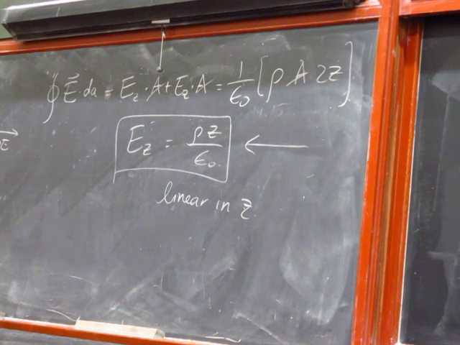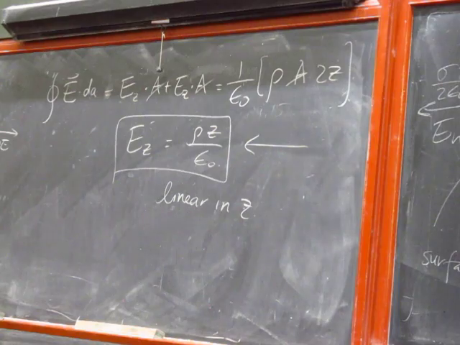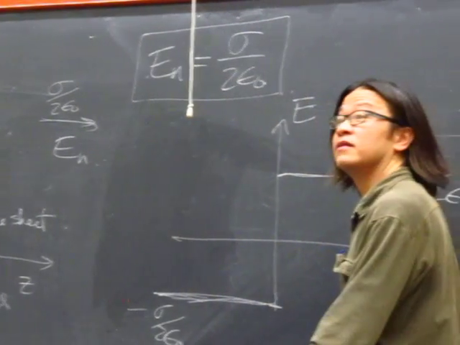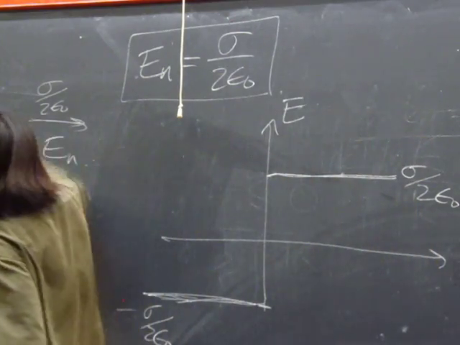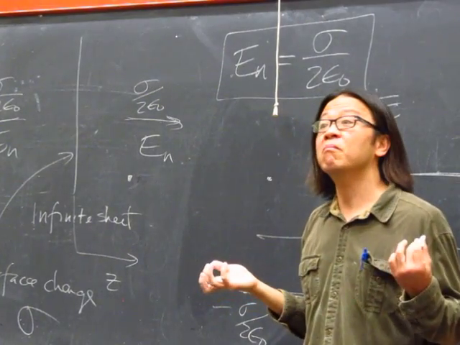Why is the charge constant as you move away from the sheet? Like if you go away from the sheet, why does the charge stay constant? In the field. Yeah, because this is infinite, so it doesn't matter whether you are here or here. Things look the same.